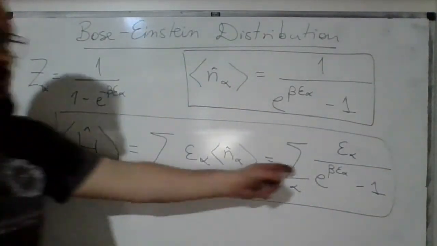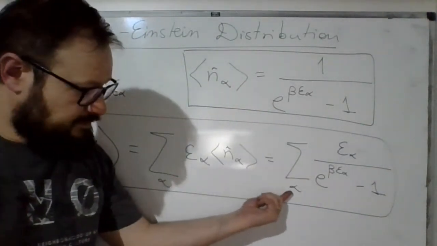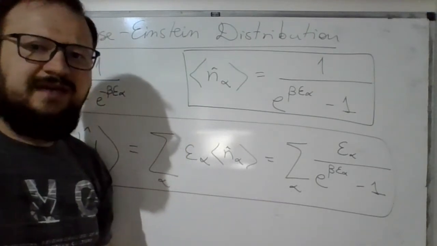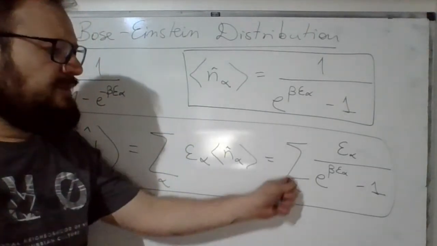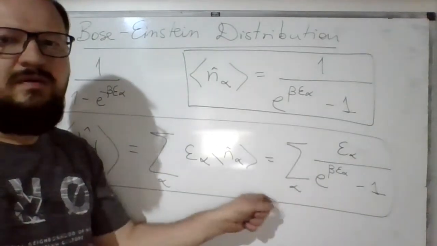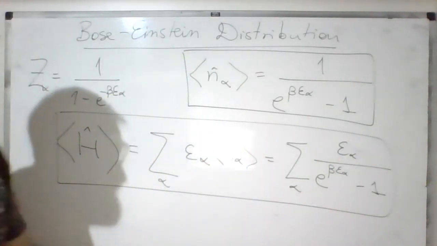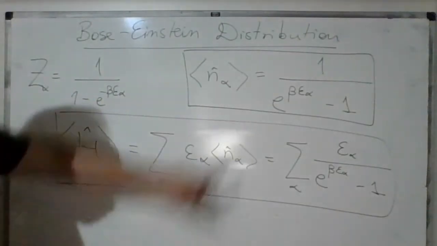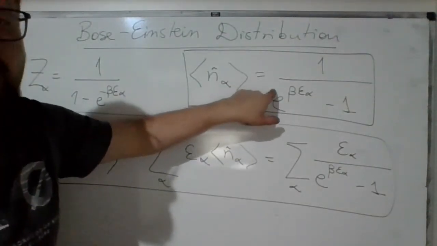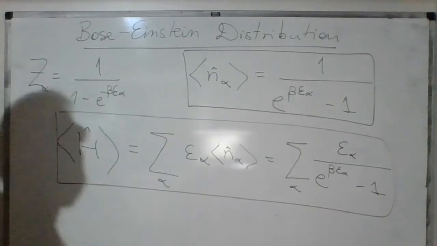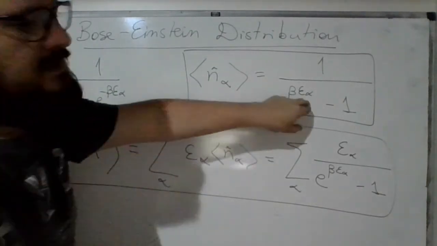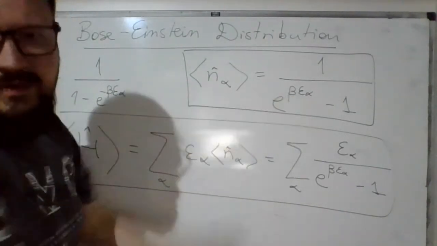Okay? If you have a continuous set of quantum numbers, you need to replace the summation by an integral over energies. Okay?